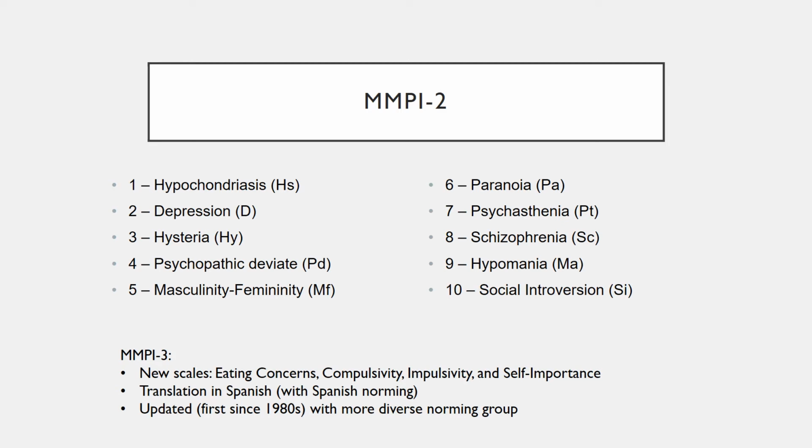Beyond these validity scales, there are clinical scales, and these would connect with what could become DSM-5 diagnostic criteria. Your book gives a pretty good breakdown of these different scales, and we'll look at them more in class. They're associated with different areas of DSM diagnoses.